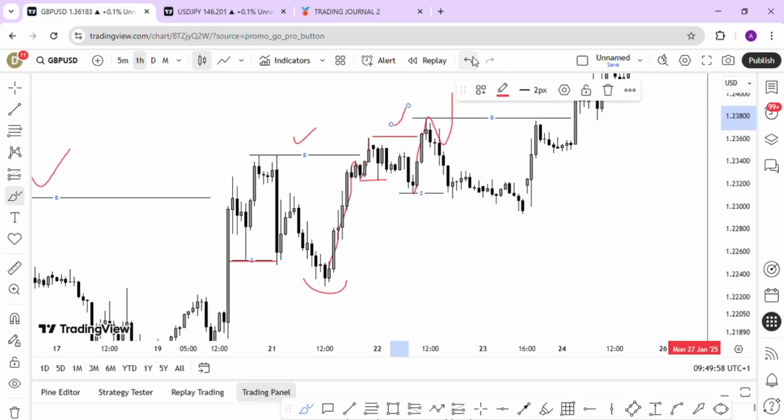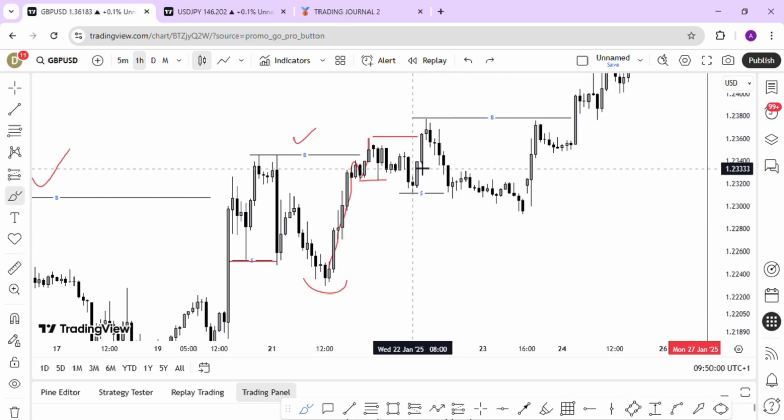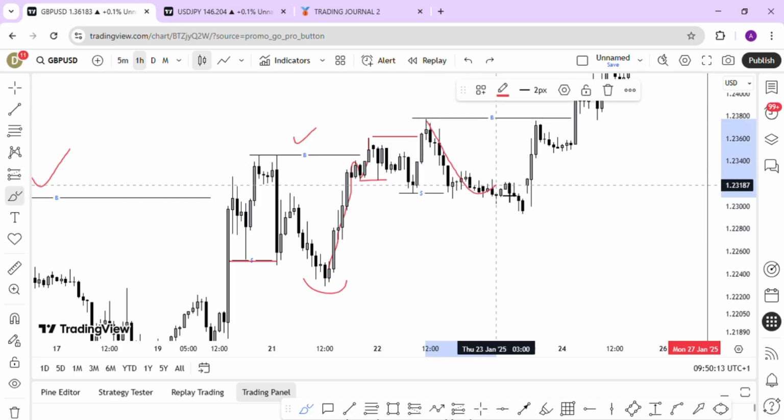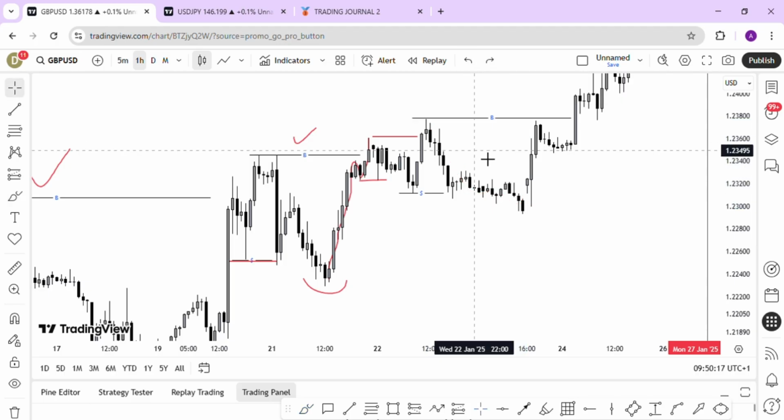But since the market refused to create another pullback, then this level will be used as the what? As an inducement. And you see how nicely the market came back for it and pushed up. So that's how the process will continue.